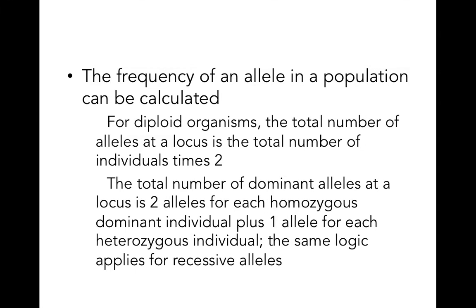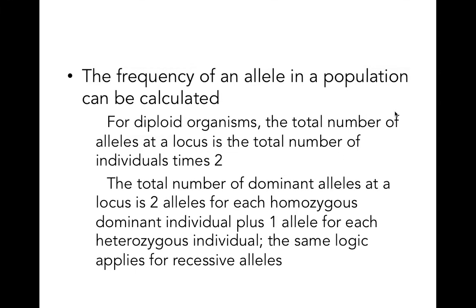For diploid organisms, which are all animals and, for the most part, most plants, the total number of alleles at a locus is the same as the total number of individuals times 2. For any particular gene, any locus, you are carrying around 2 copies of that locus.